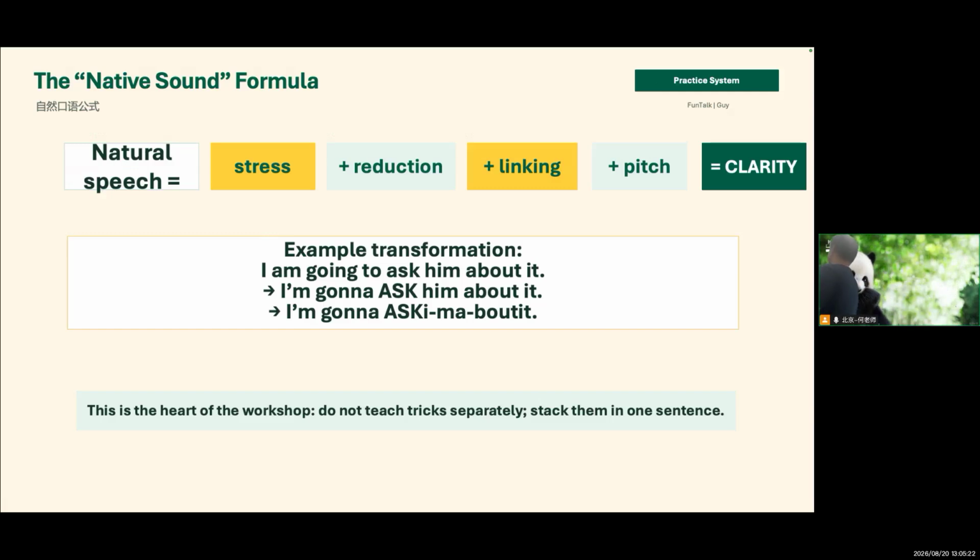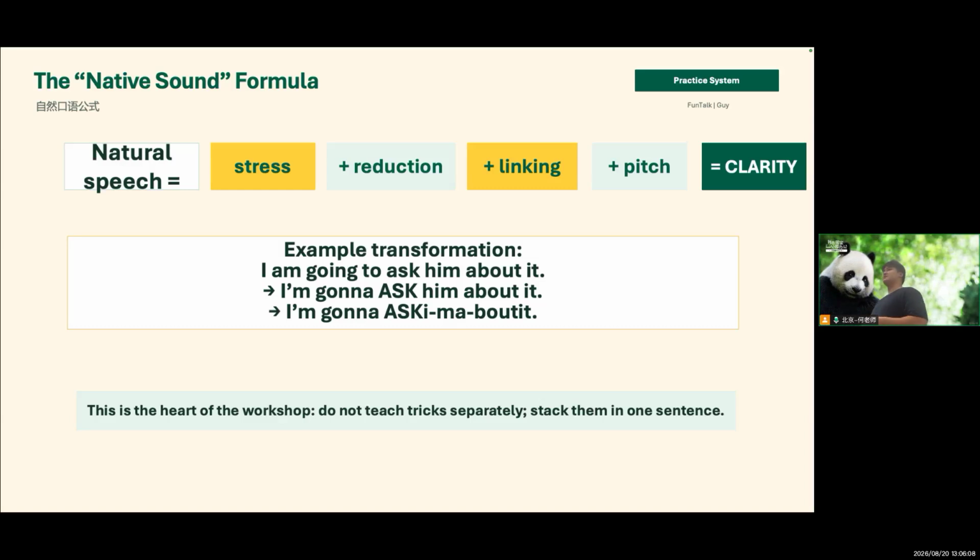So for the last few minutes, I'm going to talk about how to practice this, how to learn this. The method I'm going to share for learning English is also the way I use to learn Chinese. So first, we know we need to learn natural speech. Natural speech is stress, reduction, linking, and everything: flap T, linking, stress, weak forms.